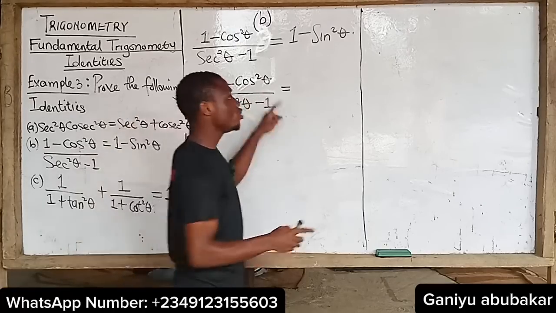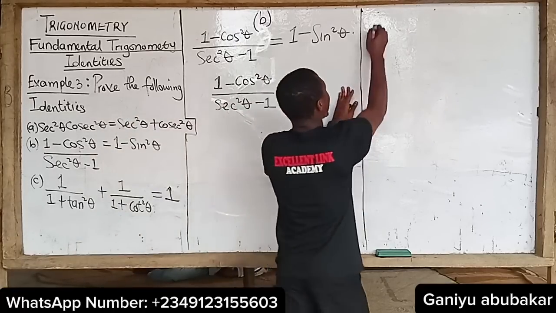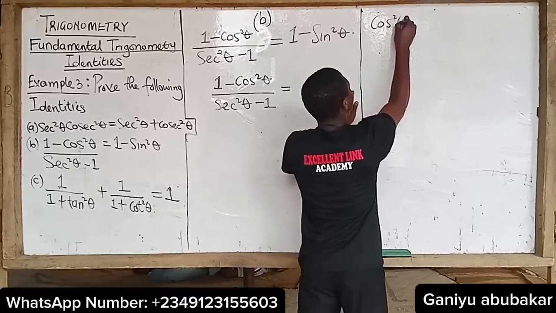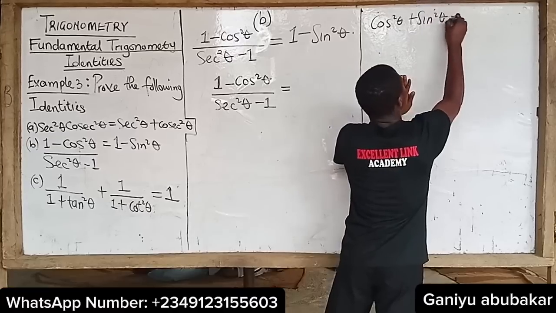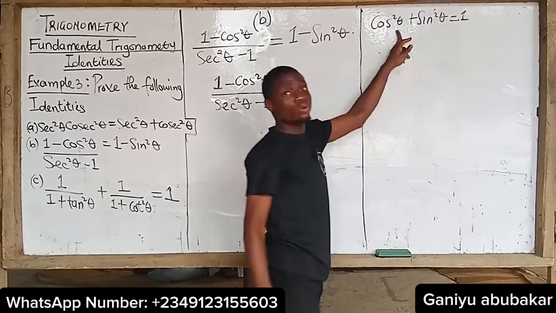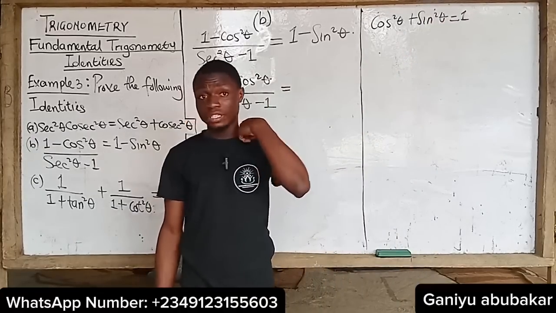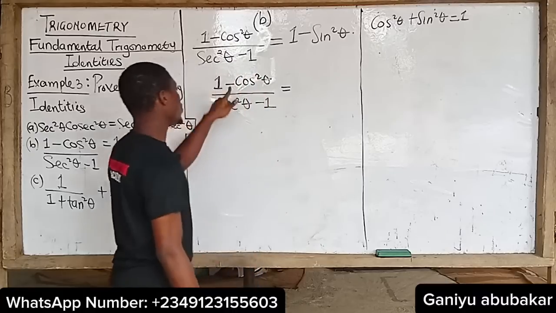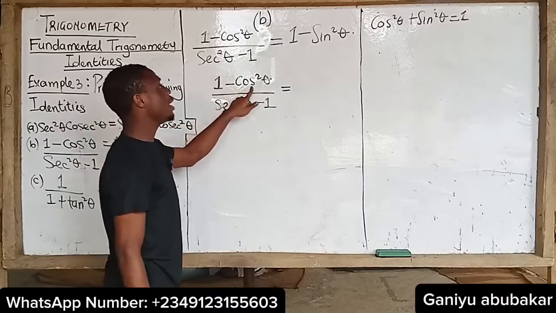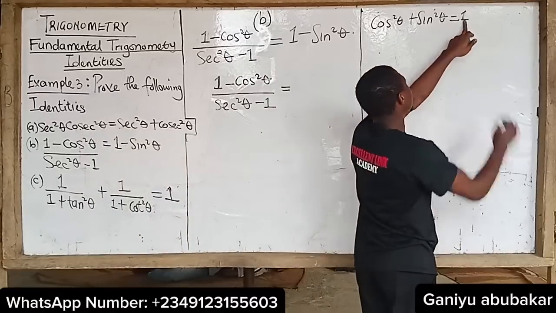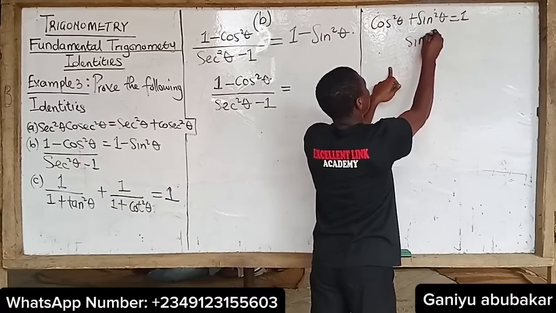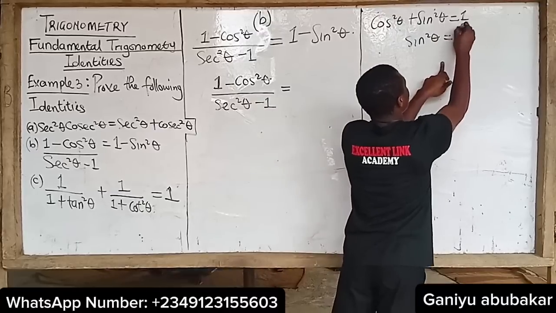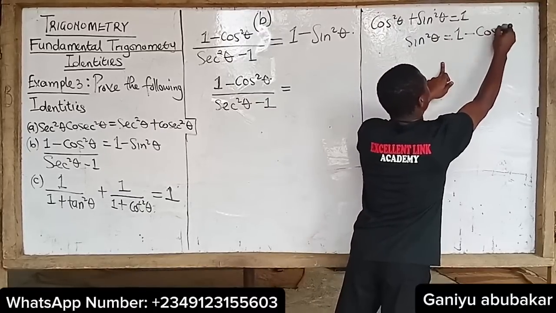Note, do not forget this relationship that we have, that cos squared theta plus sin squared theta is equal to 1. This is what we know from the beginning, right? But now I'm seeing 1 minus cos squared theta. If I take this one here, it becomes sin squared theta as being equal to 1 minus cos squared theta.